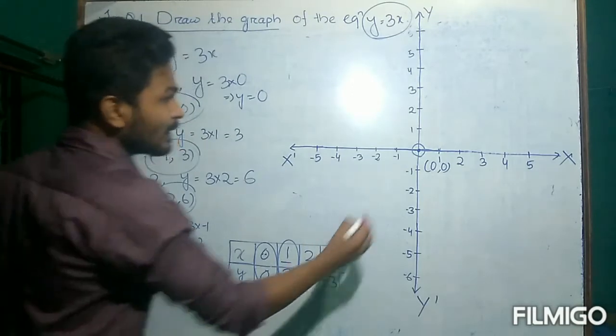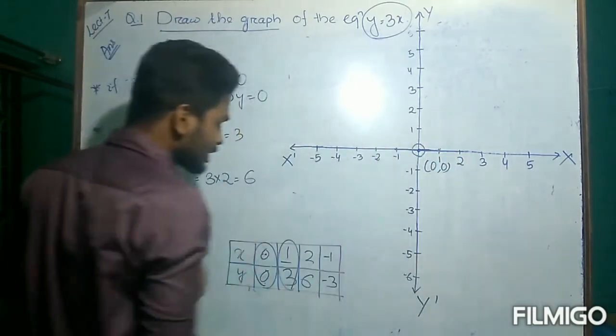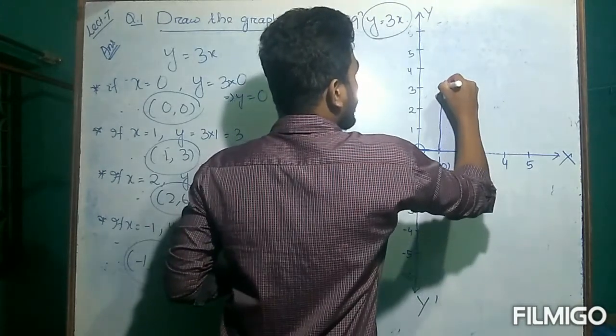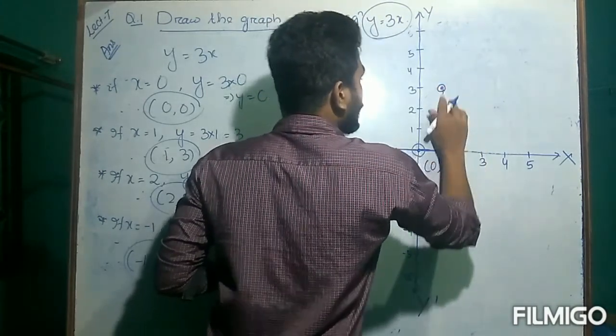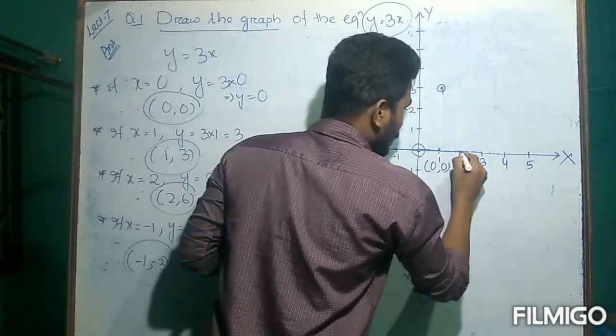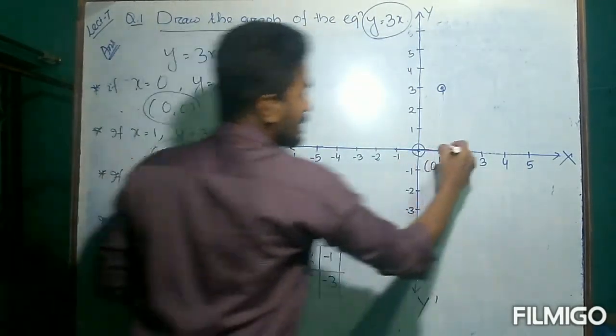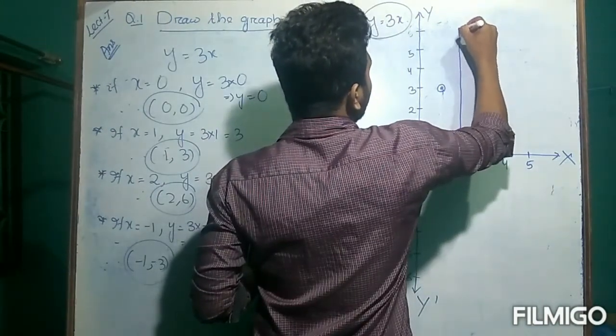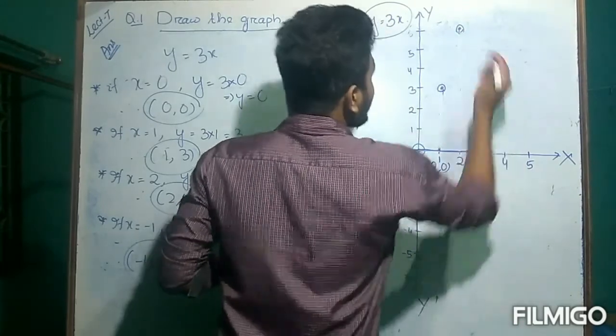You have to move 1 unit in the positive direction of the x-axis and 3 units in the positive direction of the y-axis. This point. Okay. Then (2, 6). 2 units in the positive direction of the x-axis and 6 units in the positive direction of the y-axis. This is the point. Okay.